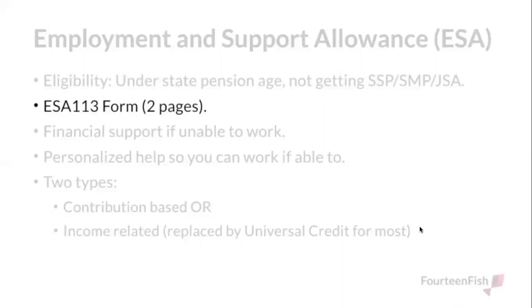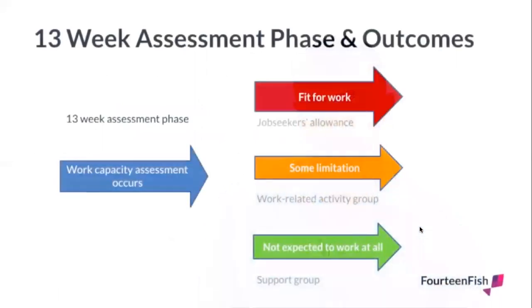There are 2 pages where healthcare practitioners, i.e. us as GPs, will be requested to provide some further information about our patient, their condition, and their limitations in seeking employment, for example. When a patient applies for employment and support allowance, it's a roughly 13-week process, and there are 3 outcomes that can result from that assessment.